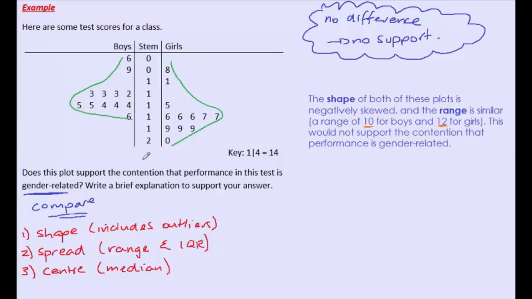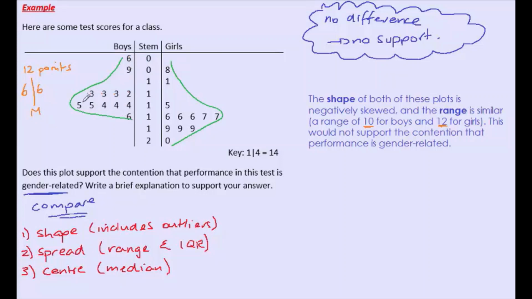Now that means we're looking for the median, and we need to therefore know how many students there are in each gender. For boys, it looks like there are 12, and for girls, it looks like there are 12, which means my median, so if I have 12 points, then I have 6 points either side of the median, which means there's 1, 2, 3, 4, 5, 6.